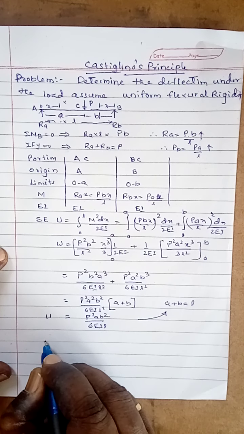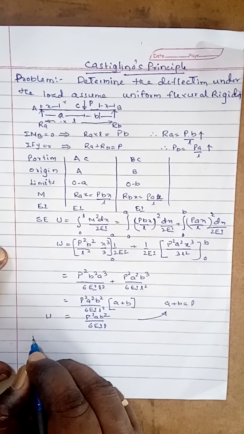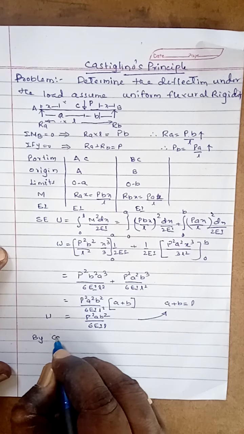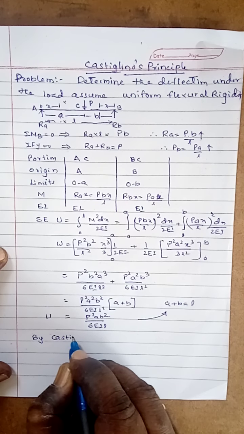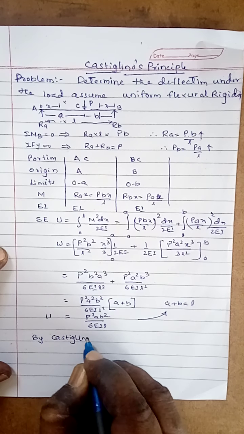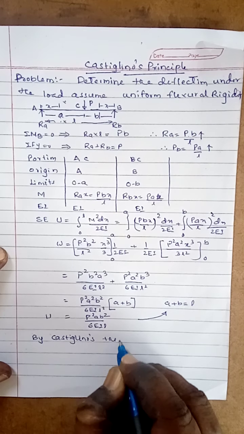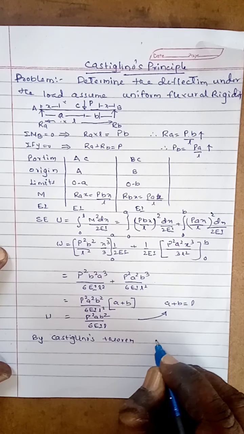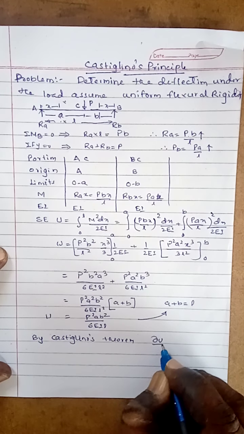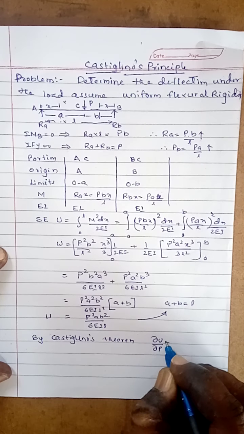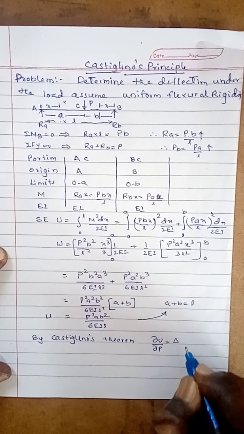Then we know that by Castigliano's first theorem, dU by dP equals delta.